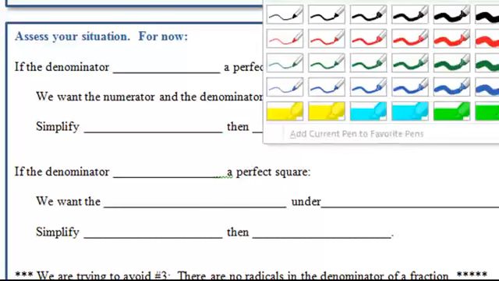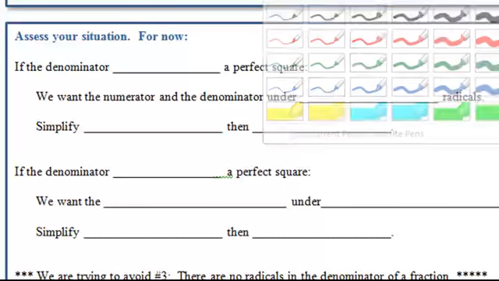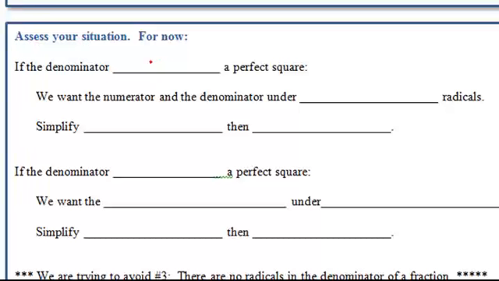If the denominator is a perfect square, we want the numerator and denominator under separate radicals. So we want to break it apart if it's all together. We're going to simplify the radicals, and then we'll simplify the fraction.